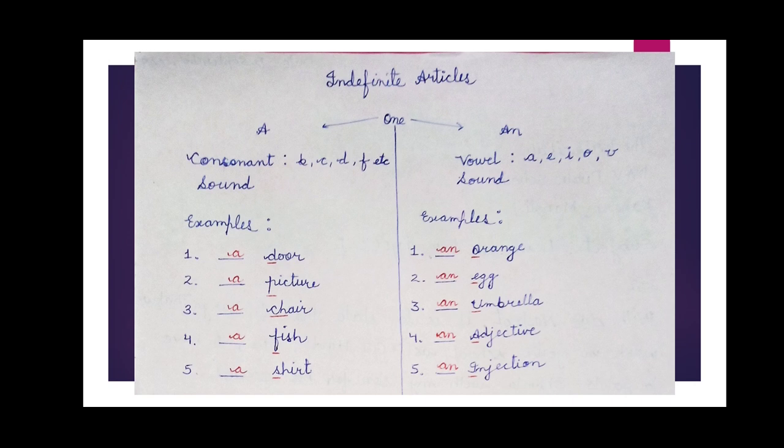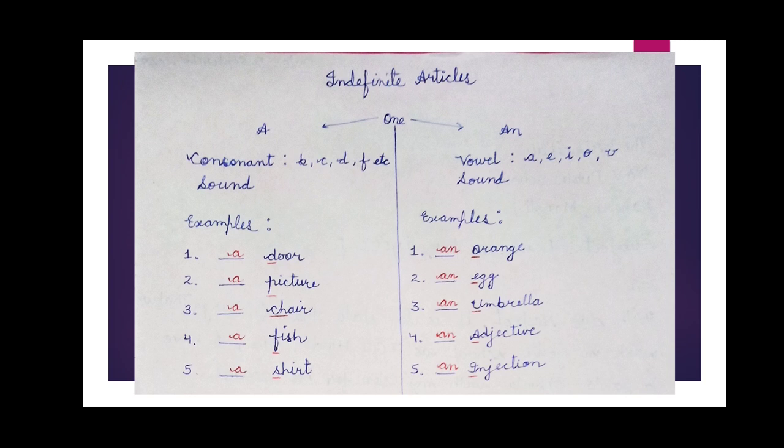Vowels we have only 5, and the sounds would be of A, E, I, O and U. So there we will use an. So the most important thing is that you have to follow the sound here. So let's see the examples here.